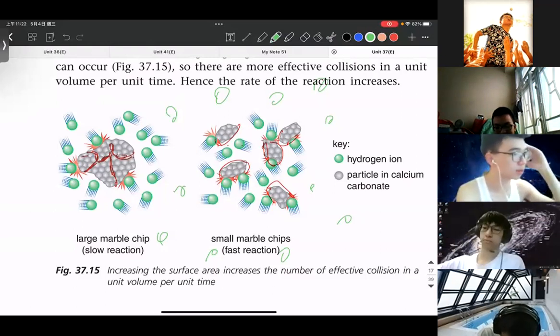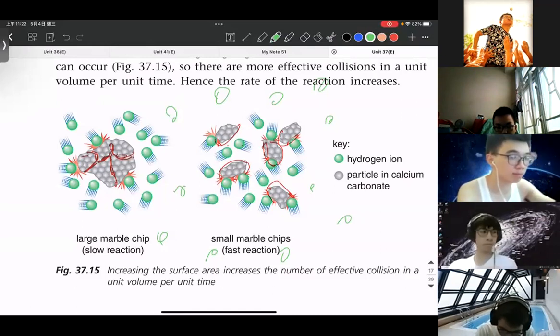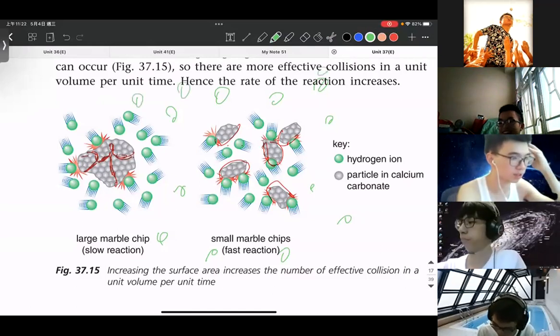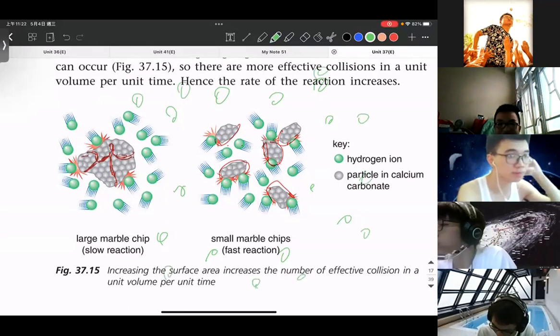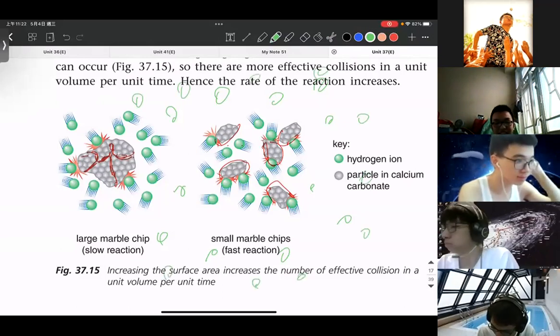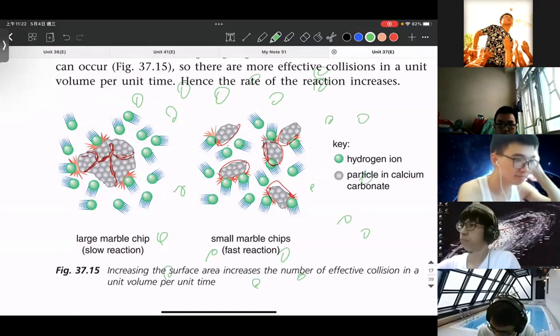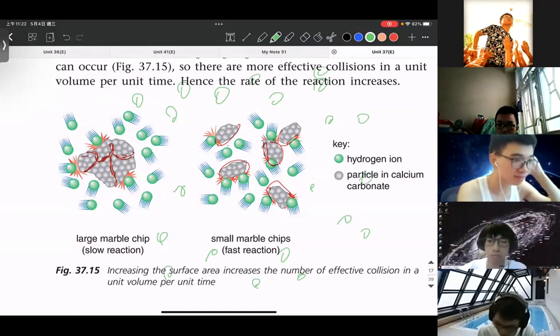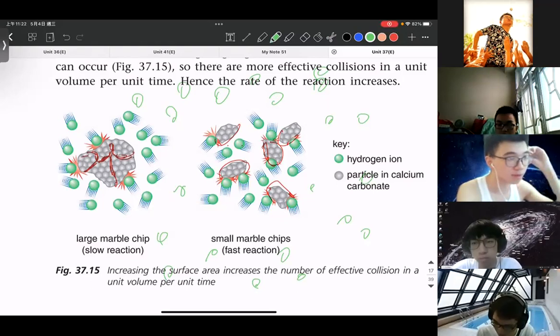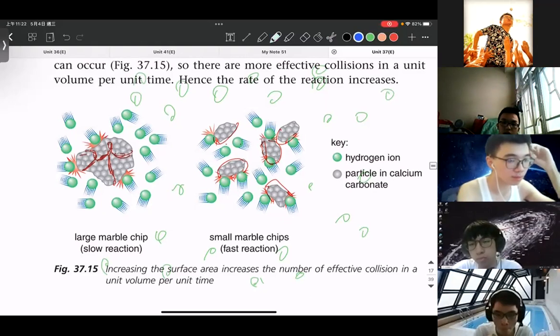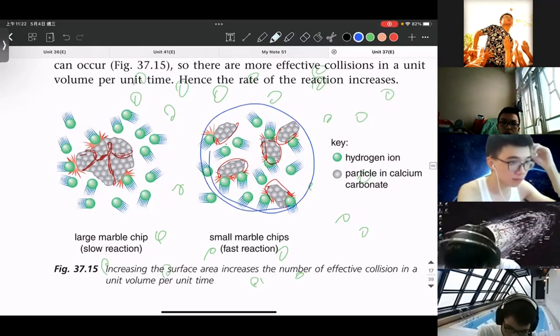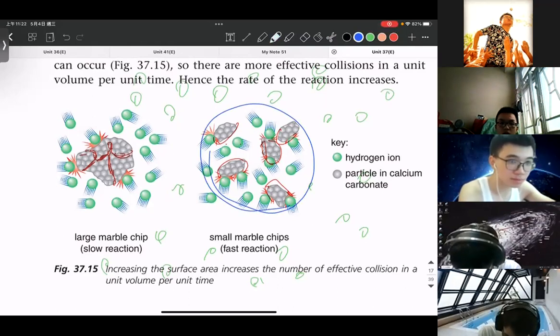Again, for the reaction to happen, it happens on the surface. So even though the volume of the acid has a change, as long as the concentration doesn't change, it doesn't affect you. The more particles are just beyond your scope, and your area of focus is on this part only. Just like girls in other countries, even though there are so many, you still cannot reach them.